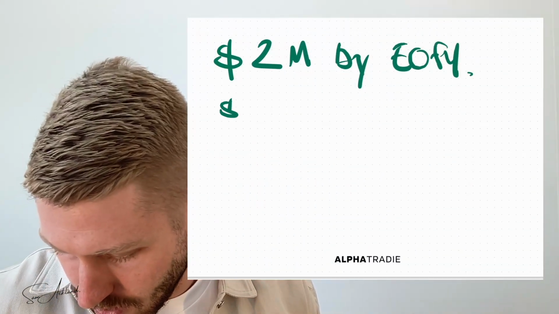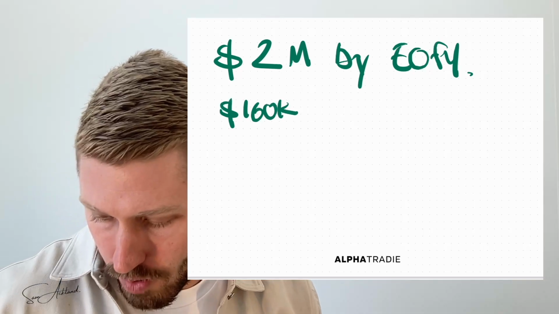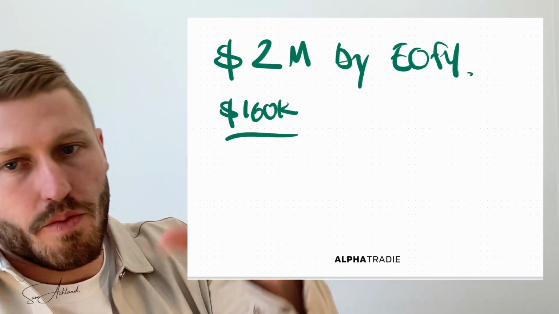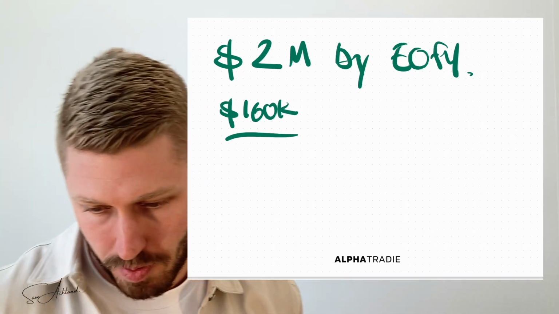Obviously, there's ebbs and flows throughout the financial year. I'll let you use your forecast, which is another workshop, to decipher exactly how these ebbs and flows go. But for the purpose of keeping math simple, we're going to run with a straight 160K per month revenue target, which over the space of 12 months equals just about $2 million.